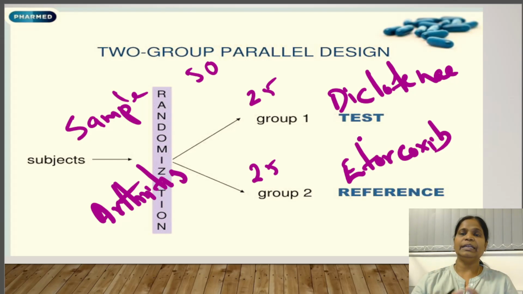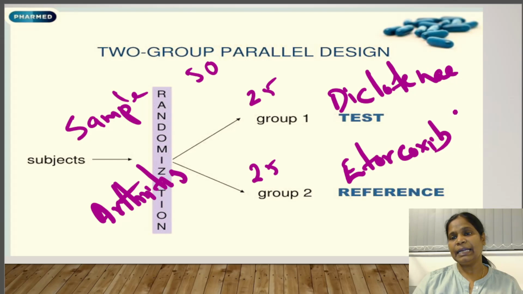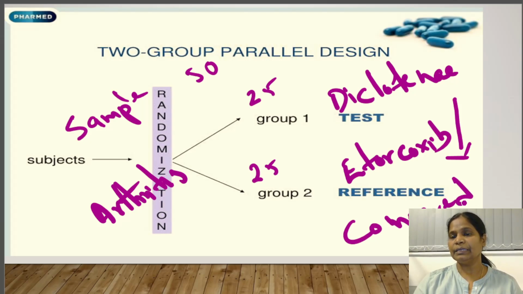After being treated with different drugs, their data is collected and at last they are compared. The results are compared: which drug is working well?